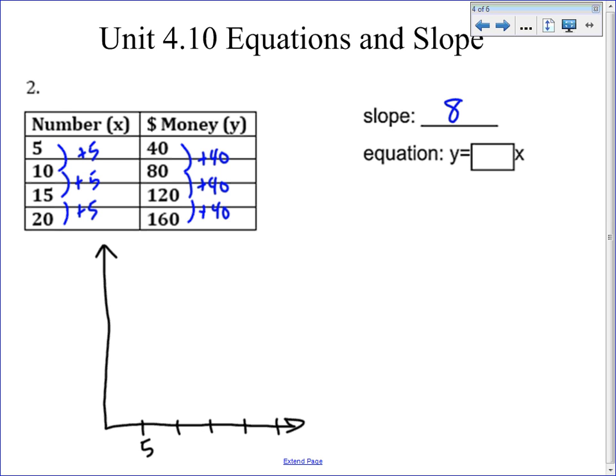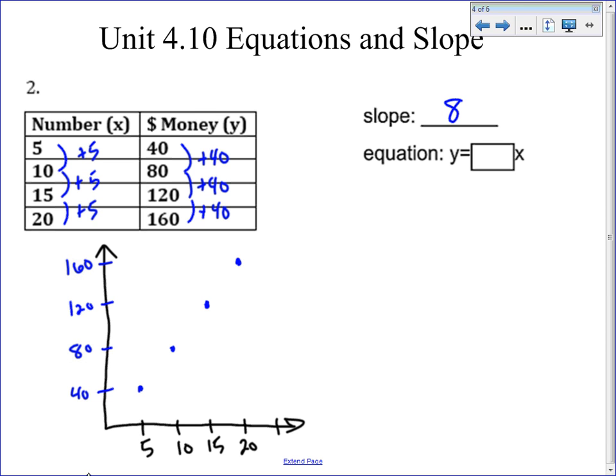Hopefully it gets to the point where you're able to just envision this in your head, but for the first one, we'll demonstrate it with a quick makeshift graph. So we've got 40, 80, 120, and 160. We know that at 5 it's 40, at 10 it's 80, 120, and 160.